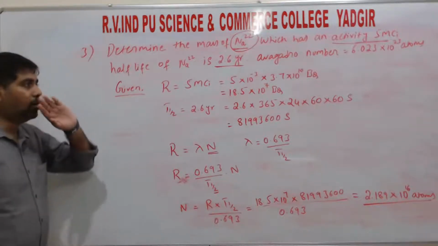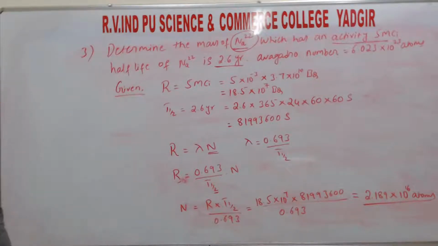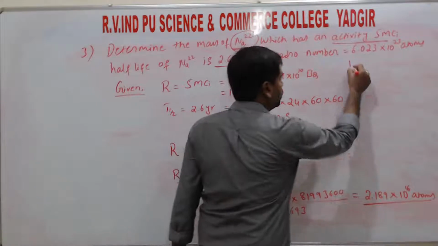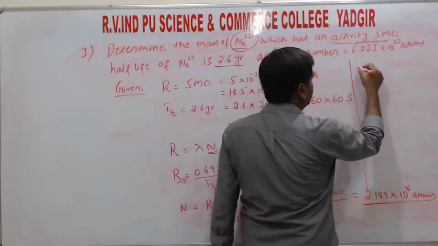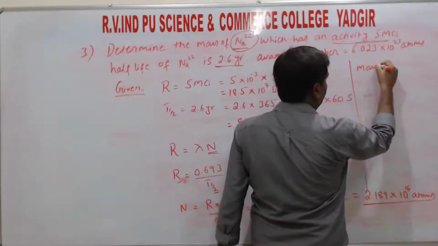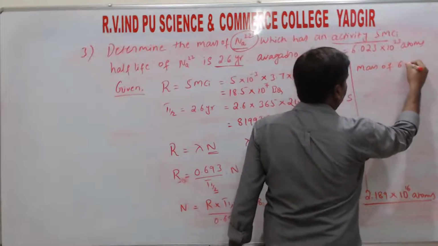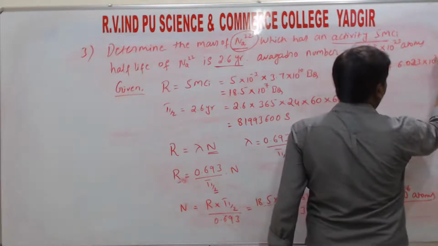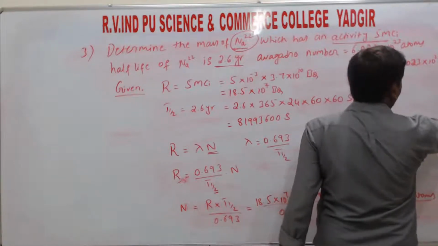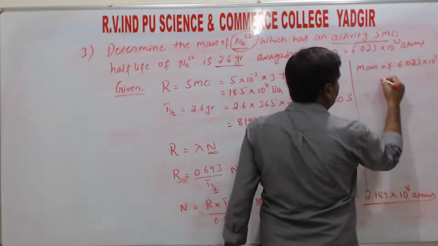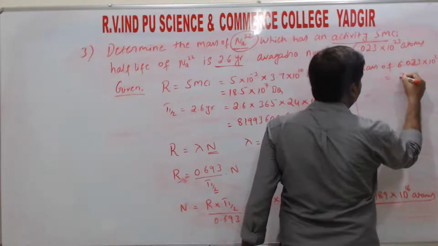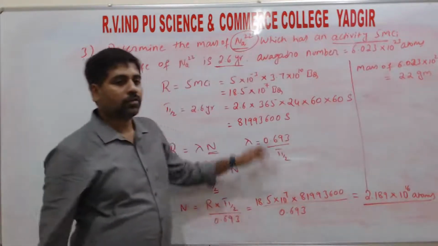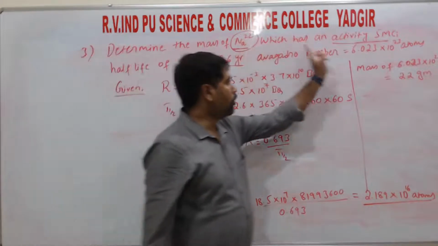So from this, the mass of 6.023 into 10 to the power of 23 atoms is equal to 22 gram, right? So this consists of how many atoms?